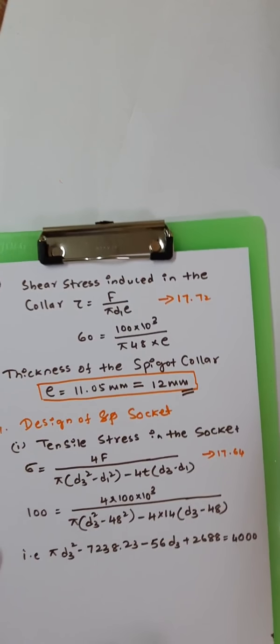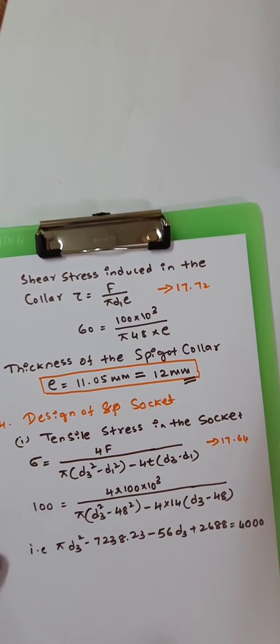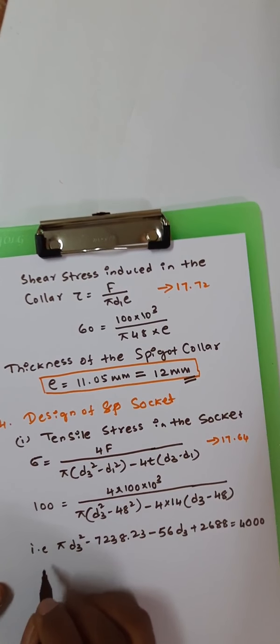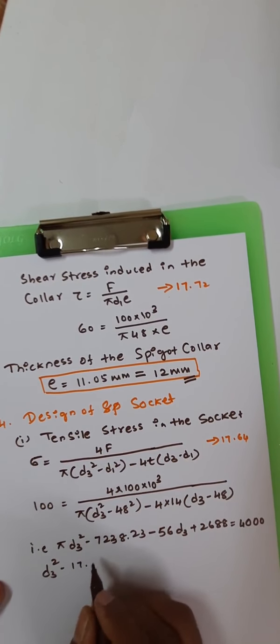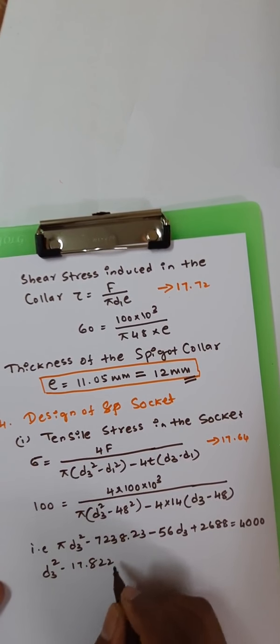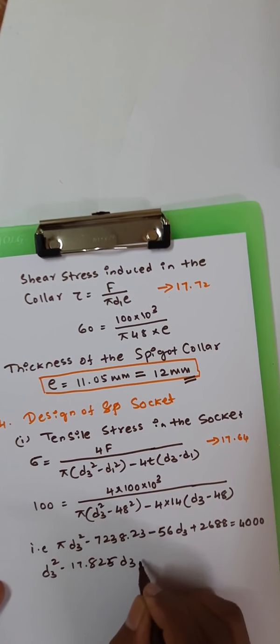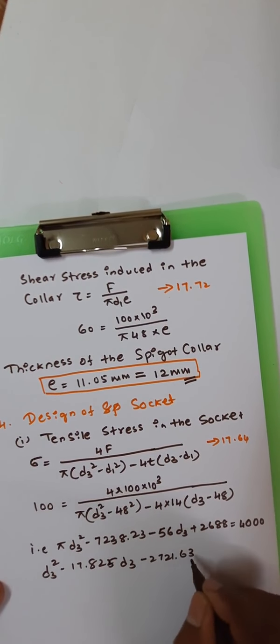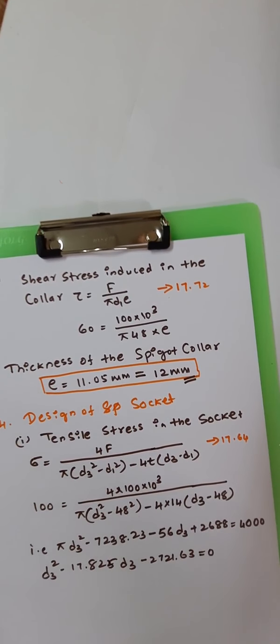If we further simplify, we'll get this in terms of a quadratic equation: d3 square minus 17.6825 d3 minus 2721.63 is equal to 0.